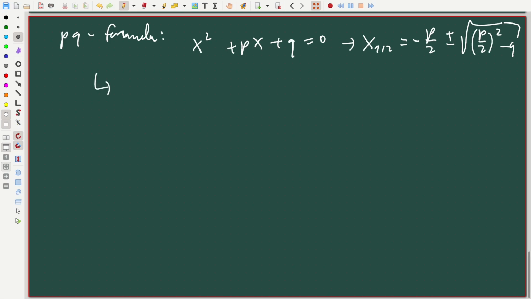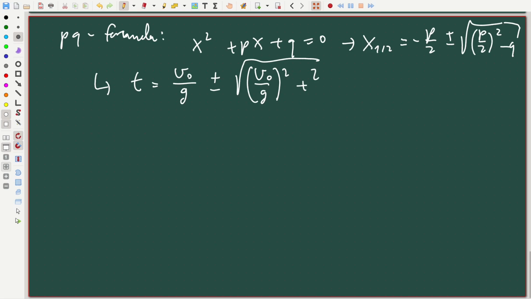And if we apply this formula to our time equation, then in this case we can directly see that our total time would be v0 divided by g. This is our p half, so to say, plus minus square root of v0 divided by g squared plus 2h divided by g. This is our q.